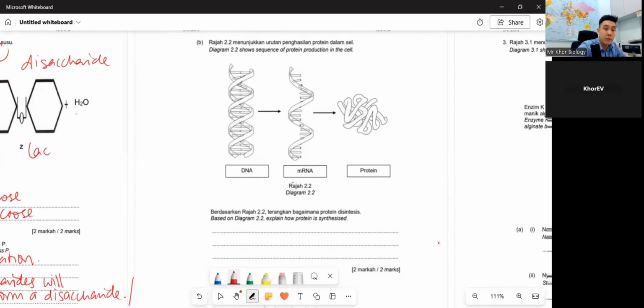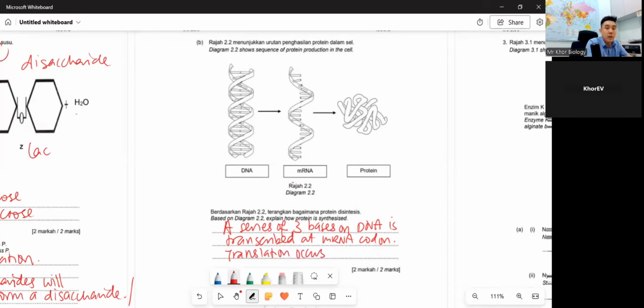First of all, we say that a series of three bases on the DNA is transcribed as the mRNA codon. From here, translation occurs in order to form the amino acid.